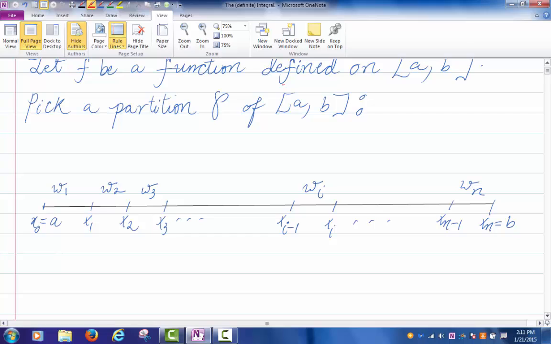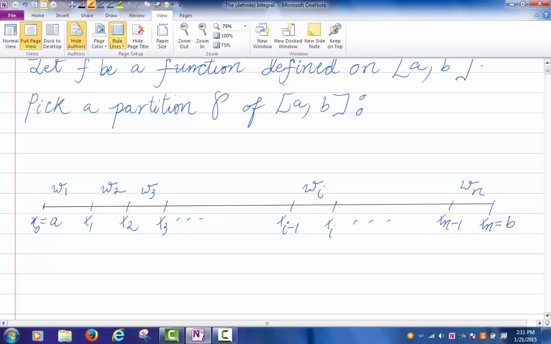Okay? And in this case, how many partition points did I pick? I have x0, x1, x2, up to xn, right?